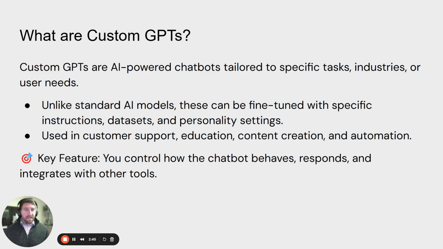The idea here is that these can be used in instances where there may be a lot of repetition or a very defined data set. You might see them in customer support, education, content creation, and automation, just as a few areas. The simple way to think about this is that they really give you control over how the chatbot behaves, responds, and even integrates with other tools. So these can be very, very useful, particularly when you have defined tasks at hand.